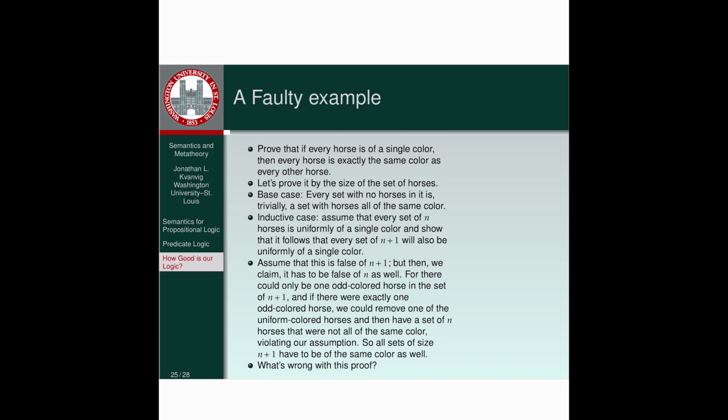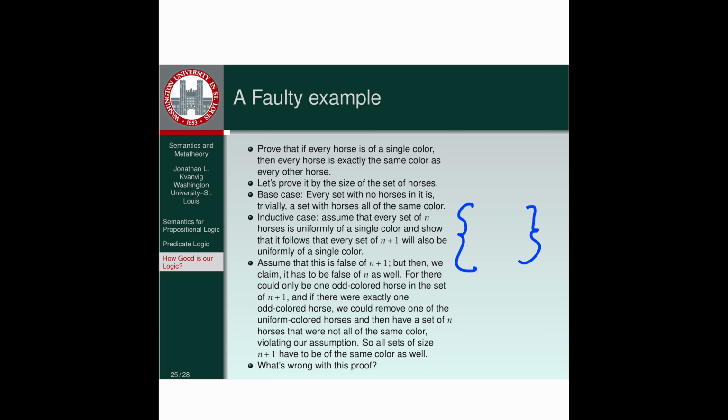So how are we going to do that? Well, let's assume that it's false of n plus 1. If so, we're going to argue that it has to be false of n as well. So notice you've got a set of horses, and we're assuming that n plus 1 has different colored horses in it.